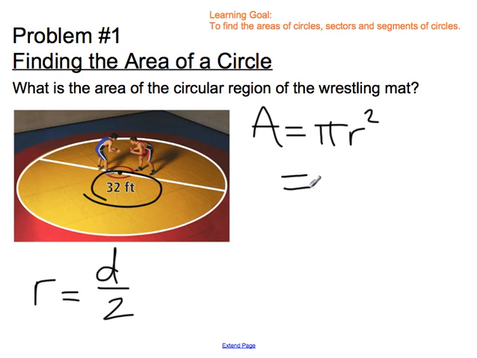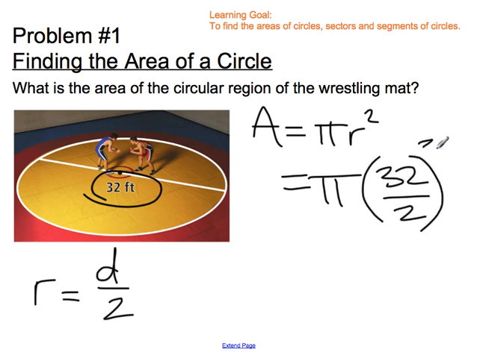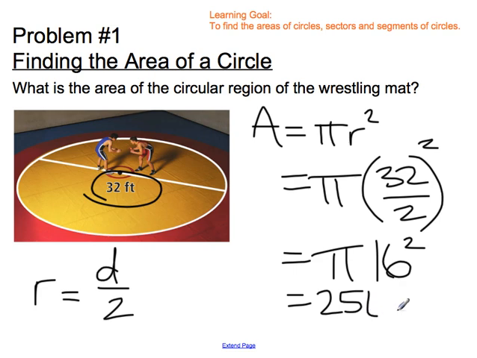So we have that the area equals pi times the radius, which is 32 divided by 2, squared. Following the order of operations, we have pi times 16 squared. 16 squared is 256, so we have 256 times pi.